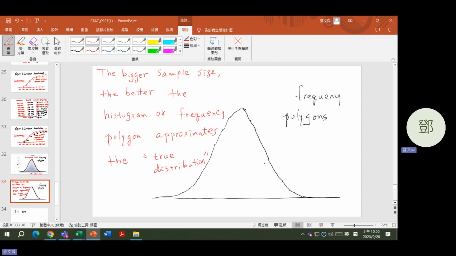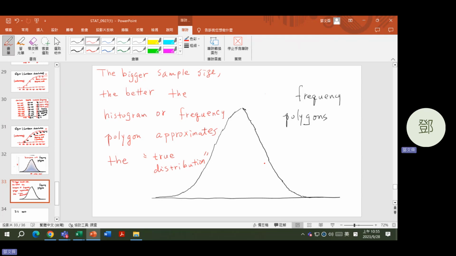Which means that they are closer. The bigger the sample size, the closer are the histogram and the true distribution, or the frequency polygon and the true distribution.